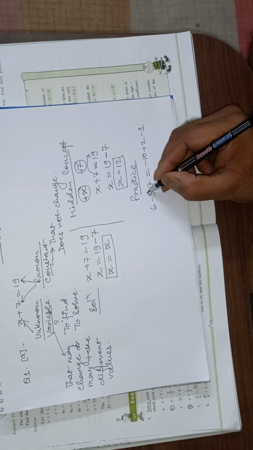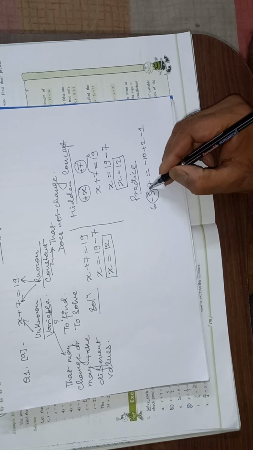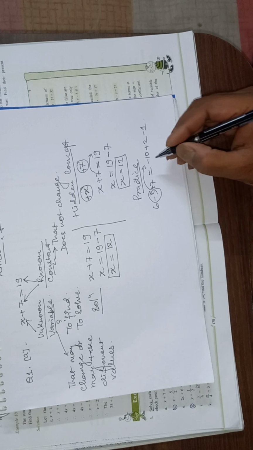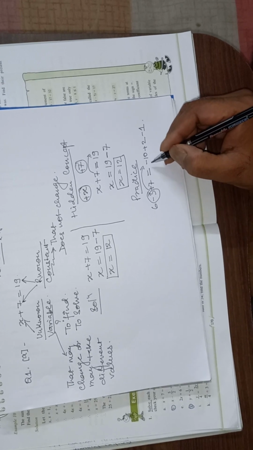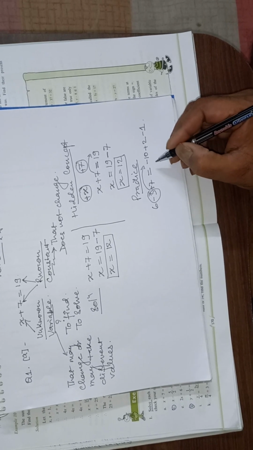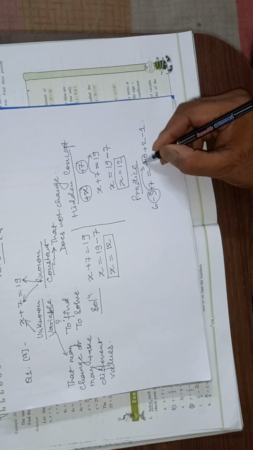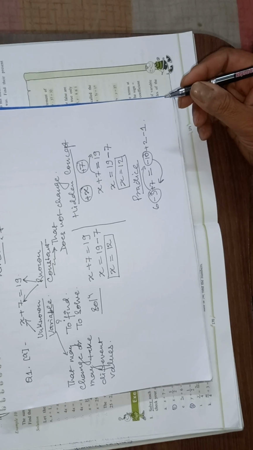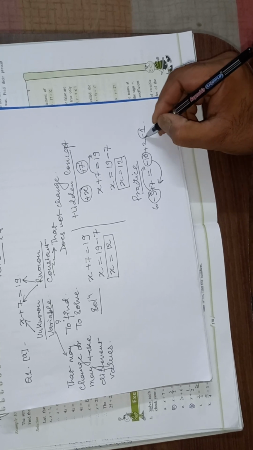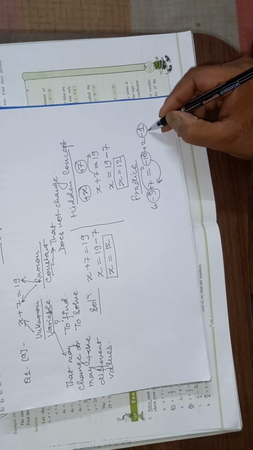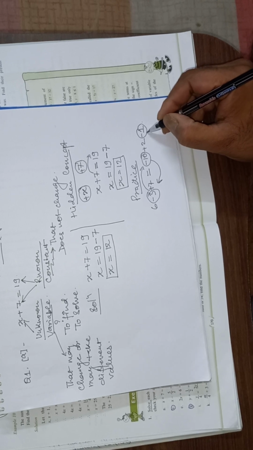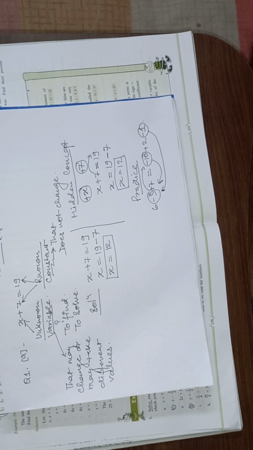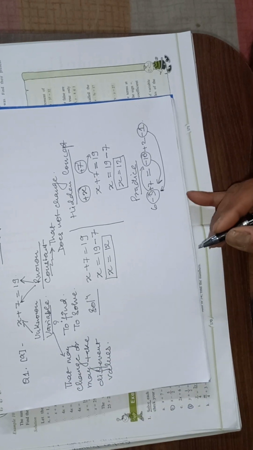Here let's look at this minus 3. When it goes to the right hand side of the equal to sign, it will change. Here we have minus 10. When it goes to the left side of equal to, it will change its sign. Here we have minus 1. When it goes to the left hand side of the equal to sign, it will change its sign.